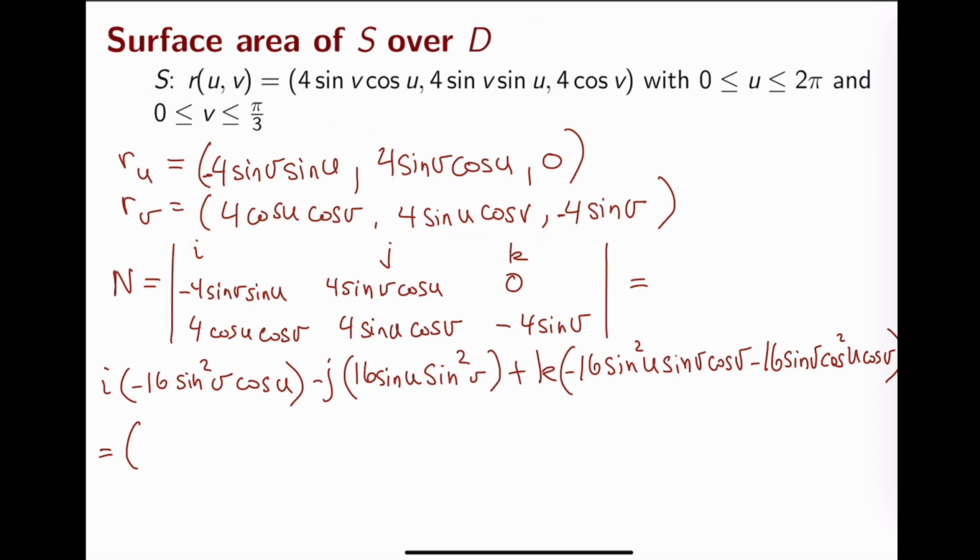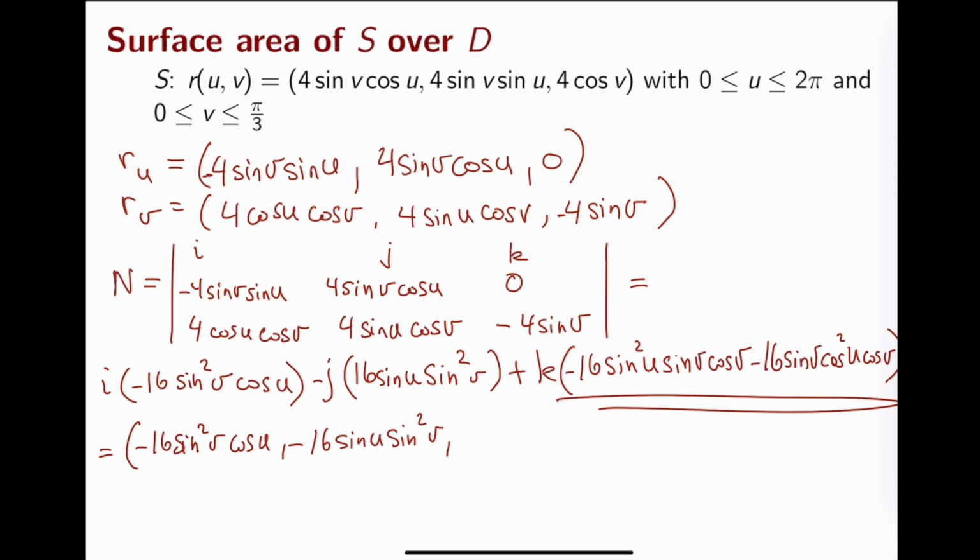So simplifying, this will be the vector minus 16 sine squared v cosine u, minus 16 sine u sine squared v. Simplifying here, we observe that there is a common minus 16, sine of v is also common, and cosine of v is also common.